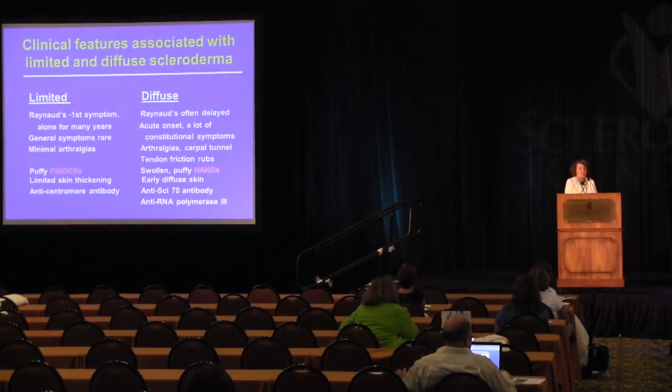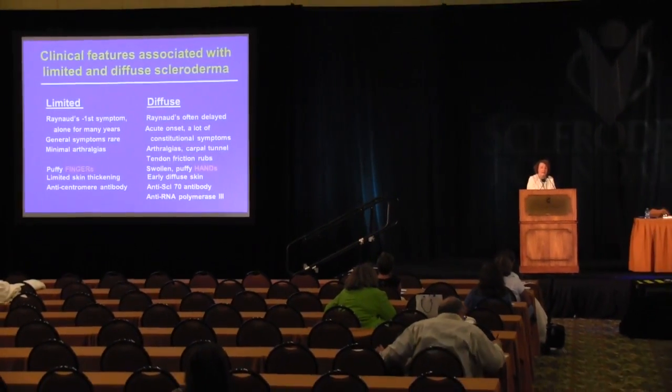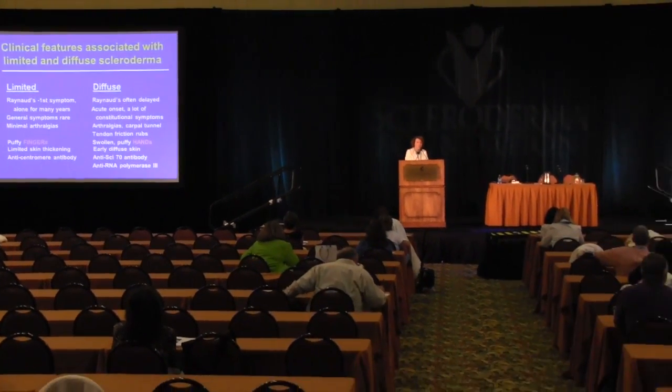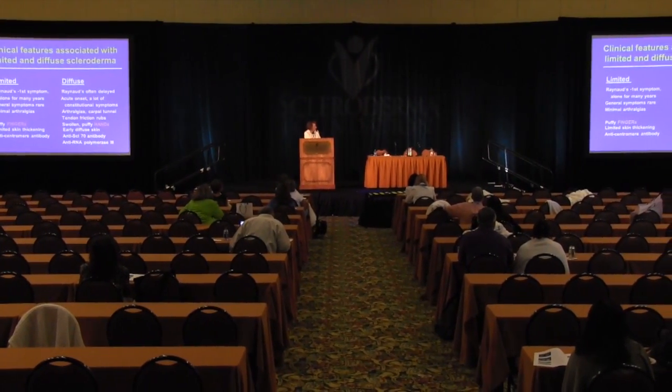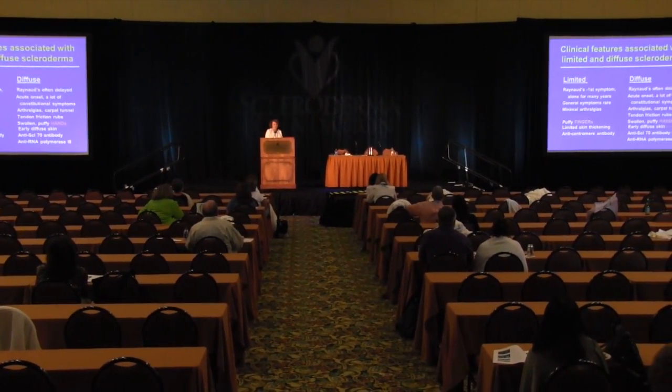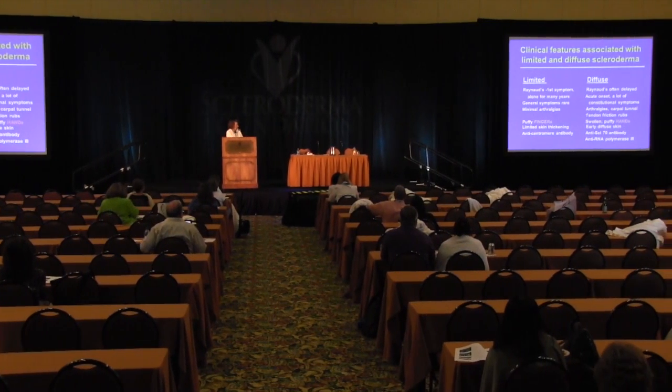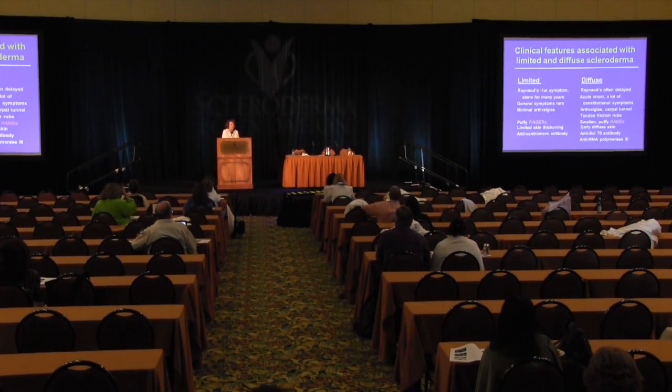And there are other patients with limited skin disease that have very severe pulmonary fibrosis too. Even though the patients with the diffuse form of the disease have much more rapid progression with lots of skin involvement, sometimes the Raynaud's isn't even present at first.